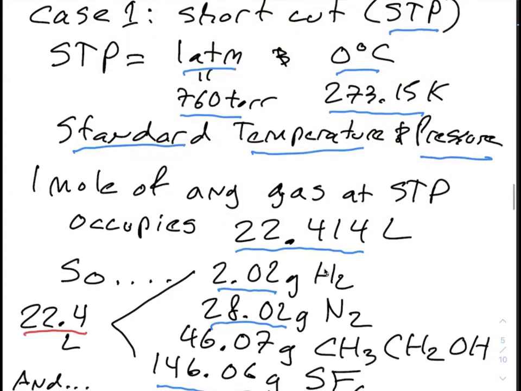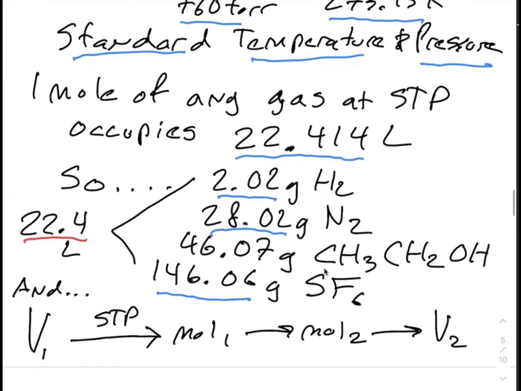Okay, so with that, in case one, if we're at STP, we can go directly from volume to moles, right? That's a conversion factor. 1 mole equals 22.4 liters. So if I have the volume, I can go directly to moles, right? And then I can use the mole ratio and I can go to the volume.